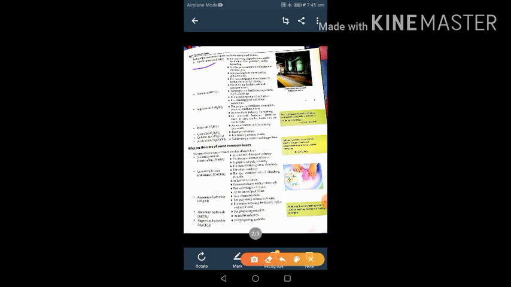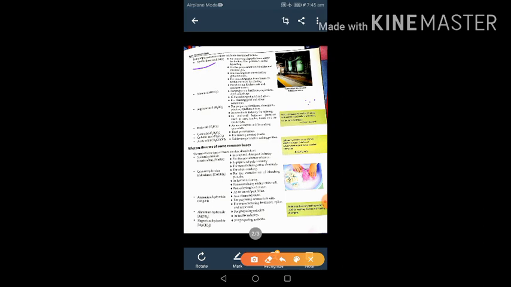Second use, for the preparation of chlorine gas and chlorides. Next use, cleaning steel before galvanization. In the galvanization process, for cleaning the steel, which is iron steel, we use hydrochloric acid.